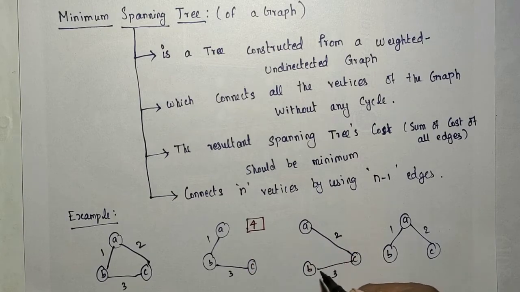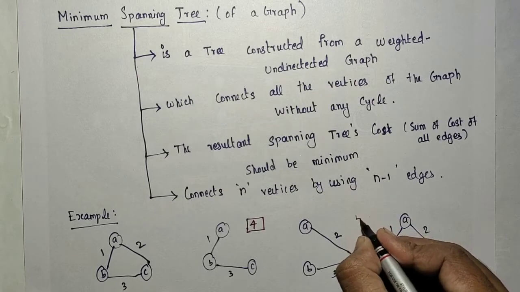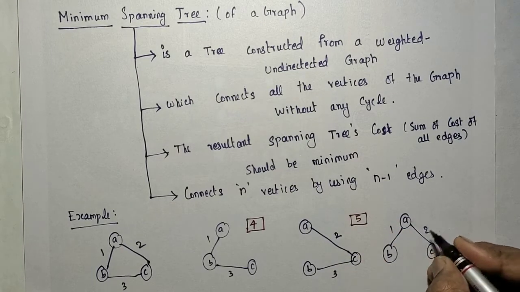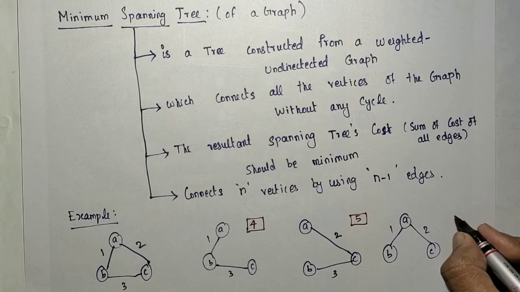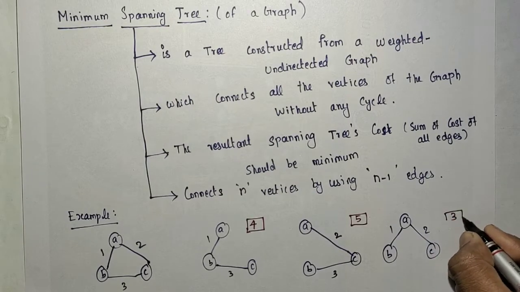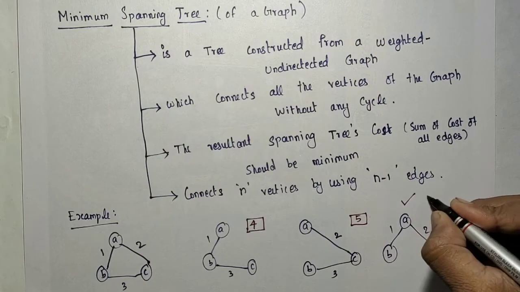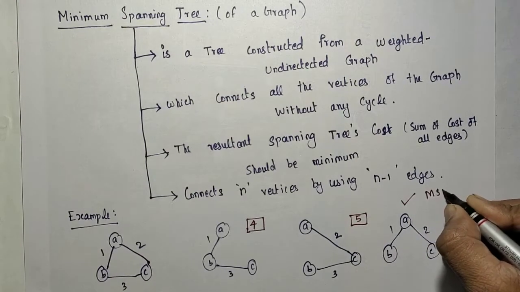Here, if I connect through these two edges, the total cost required is 5. Here, to connect these three by using these two edges, the cost required is 3. So among these three spanning trees, this is the minimum spanning tree.